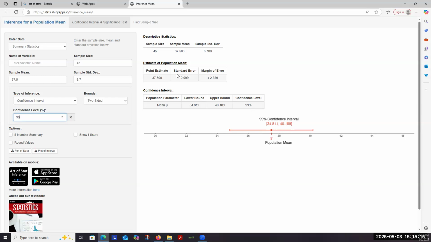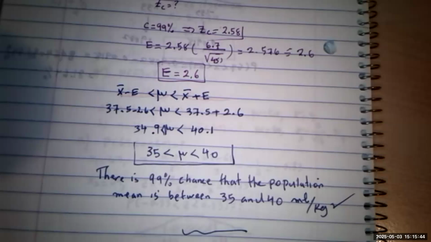Important for us is the marginal error, E. We identify the E, and then we know that the interval is mu between x bar minus E and x bar plus E. You're welcome to use the application, but make sure you are precise, so that makes it easy for us. So identify the sample data that we have. This is the way you do it.